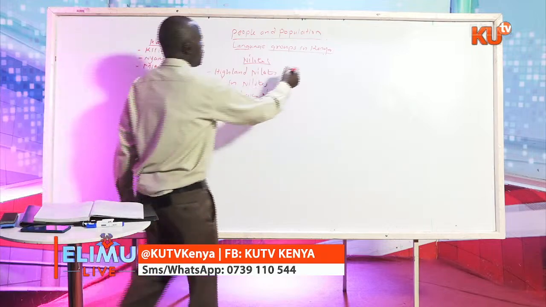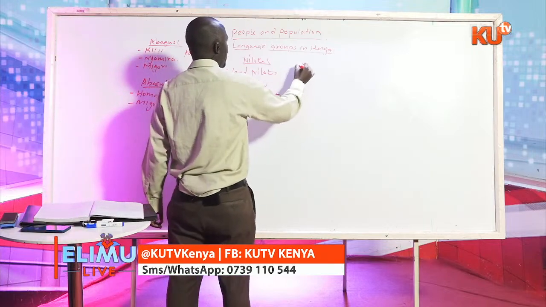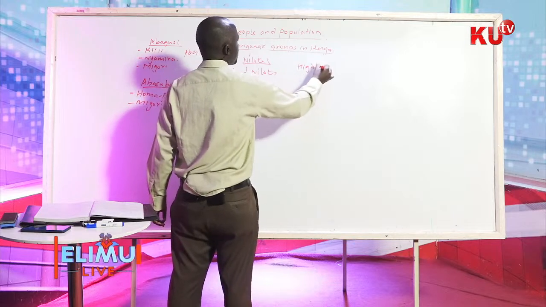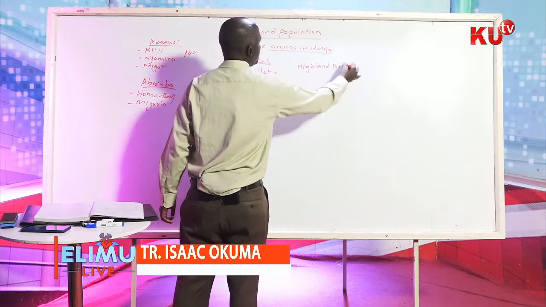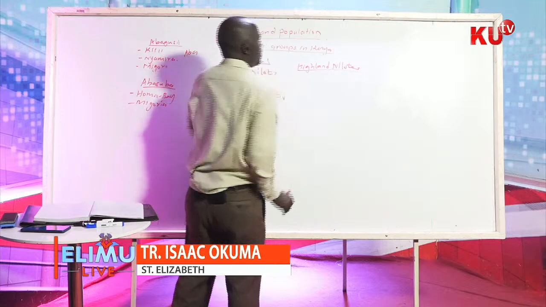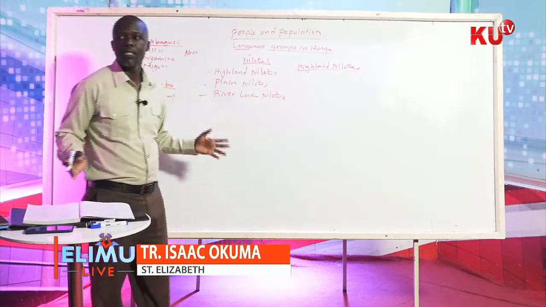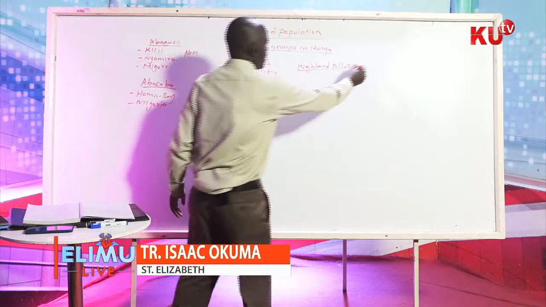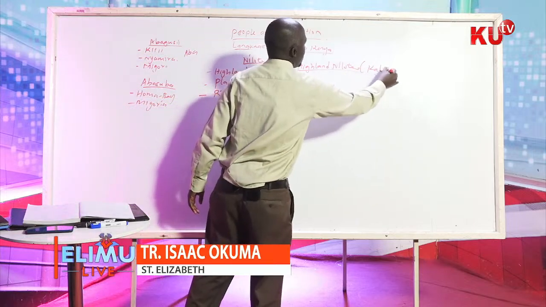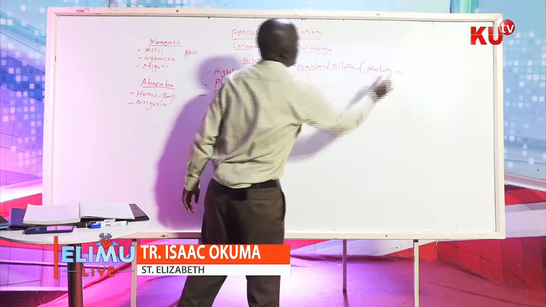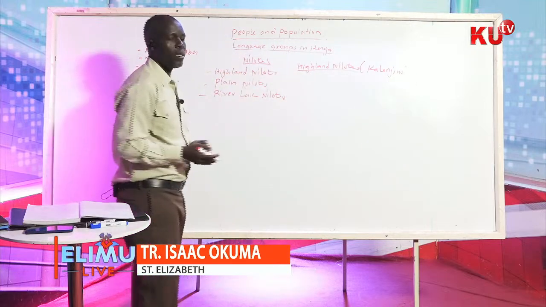So let us take the Highland Nilotes. Which community makes up the Highland Nilotes? In short, the Highland Nilotes are the communities that we refer to as the Kalenjins. They belong to a group called Highland Nilotes.